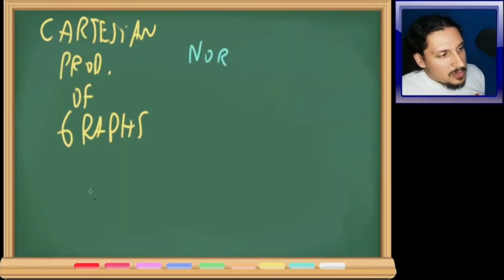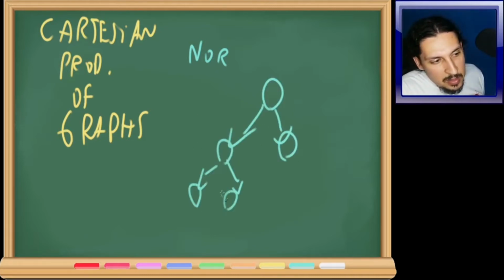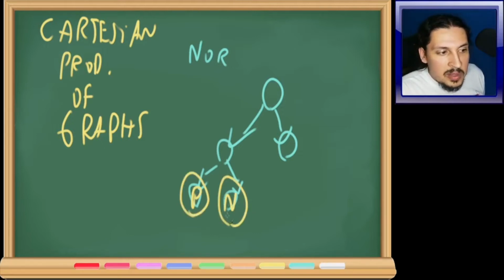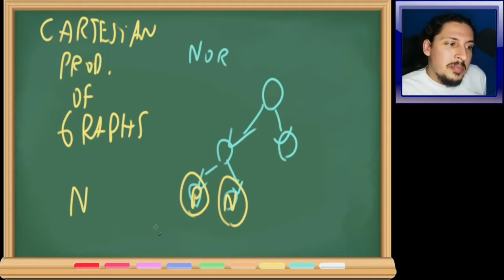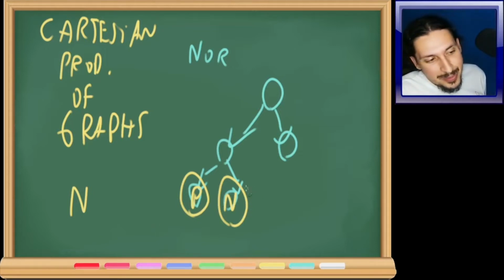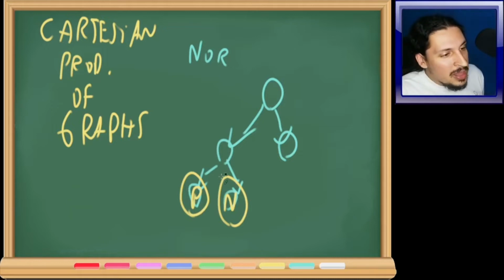When we don't care about the sum of games, and we are only considering one single graph, the main graph of our game, then we allow that at the leaves we put P or N, whatever we want, in order to better model the rules of the game. Because maybe the rules of the game don't have all the leaf nodes as P, nor all the leaf nodes as N, although that is the most common case. We allow that some leaf nodes are P and some leaf nodes are N. It doesn't change most of the algorithm.